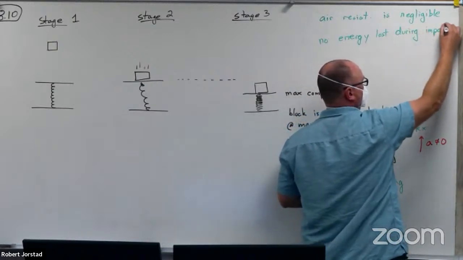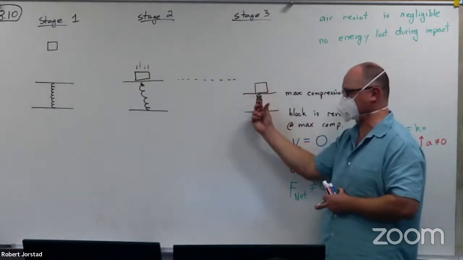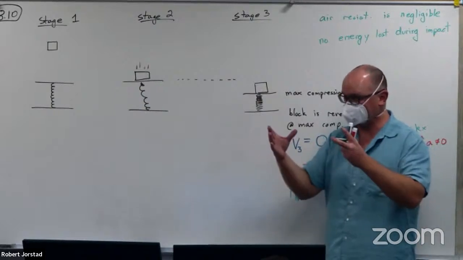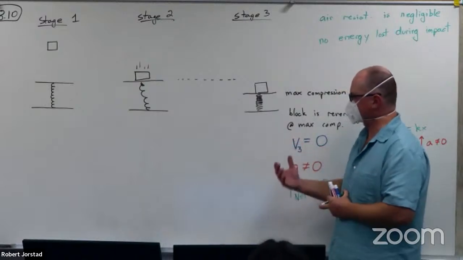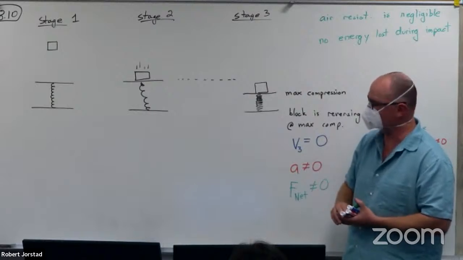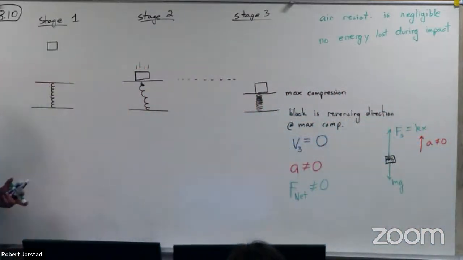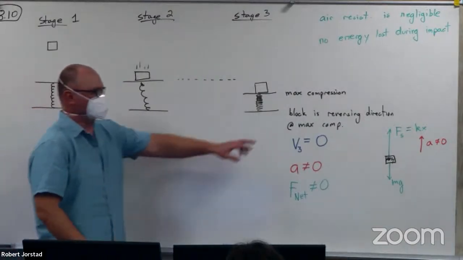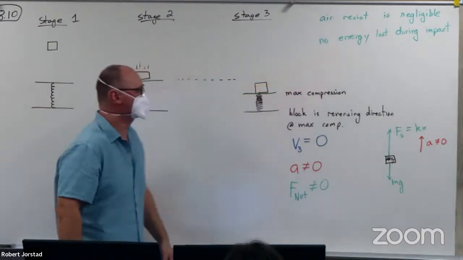Not exactly true, but one of the reasons we use springs is to reduce the amount of energy loss during an impact. There are springs on your bumper so that your car doesn't get crumpled, or on the shocks, so when you hit a bump we're not damaging things and losing energy. So we're going to assume that's negligible for this problem. We'll learn more about energy loss during impact in chapter 9.